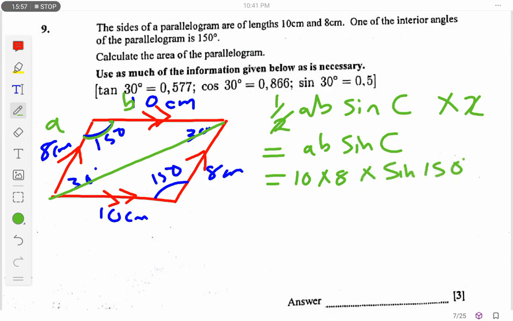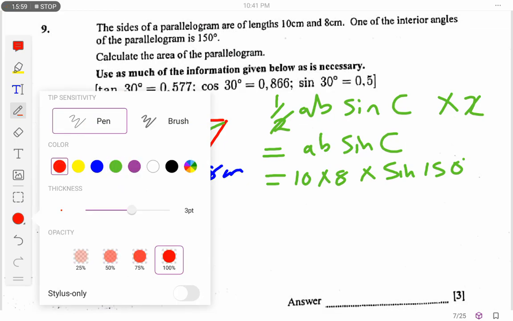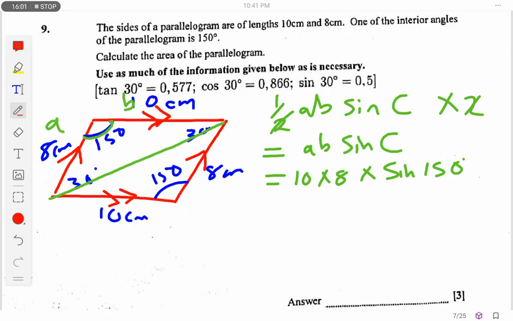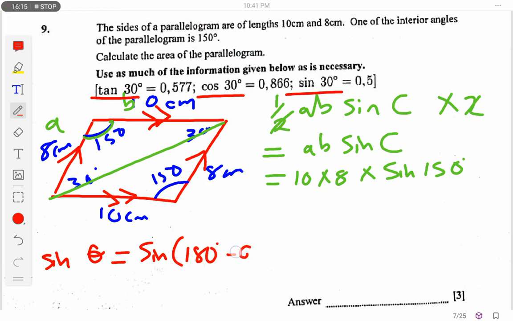150 degrees. Okay. And in our question, we don't have 150 degrees. We've got tan 30, we've got cos 30, we've got sine 30. What you can do is this. Sine theta is equal to sine of 180 degrees minus theta.